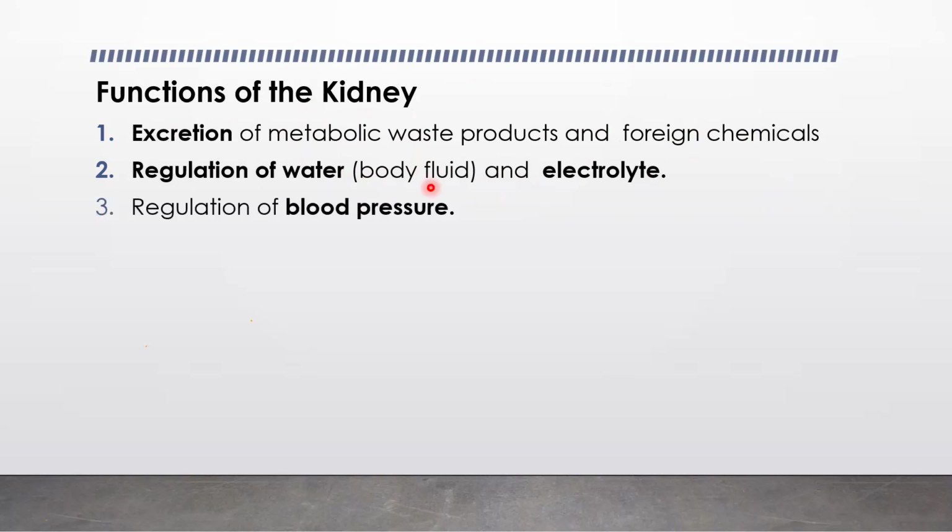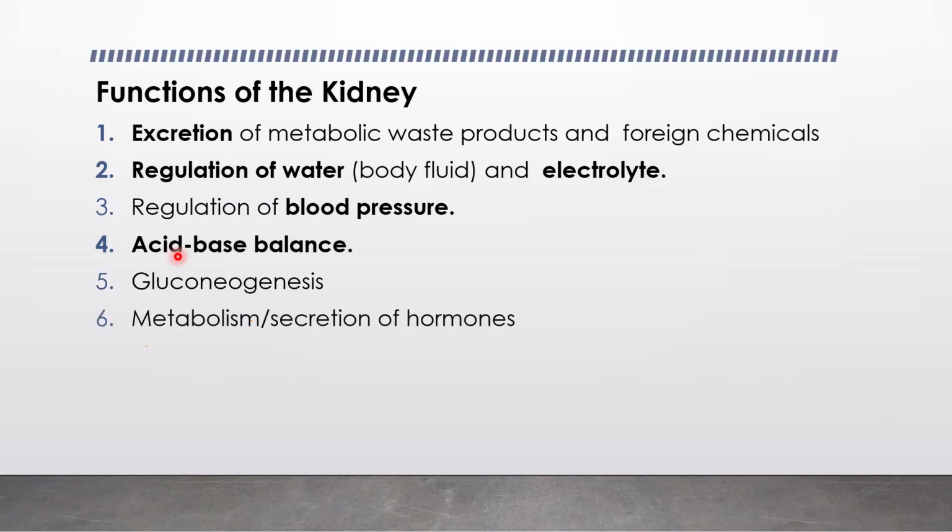And then regulation of blood pressure. So the narrowing of the renal artery and even of the arterioles will tell us the blood pressure. Then it aids in acid-base balance, aids in gluconeogenesis, helps in metabolism and secretion of hormones.